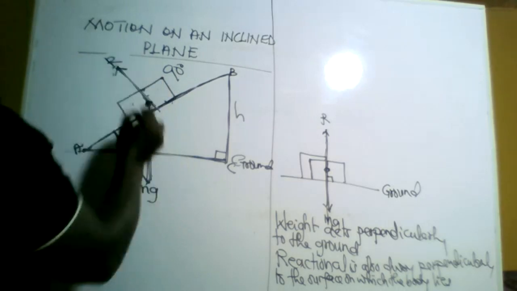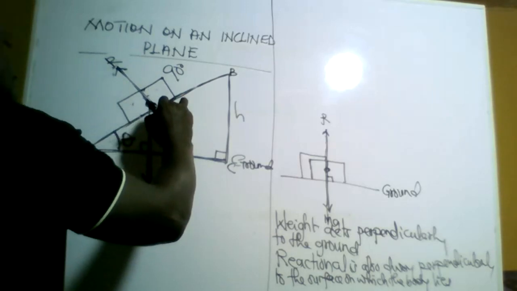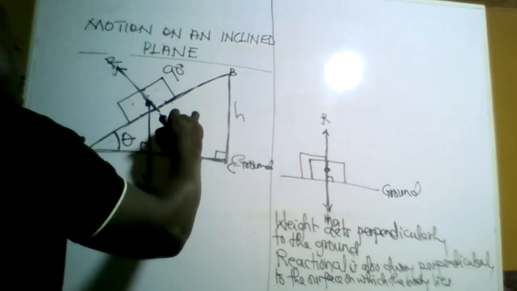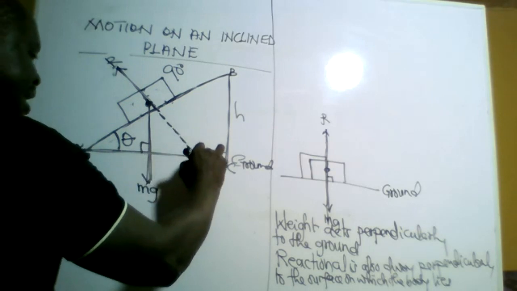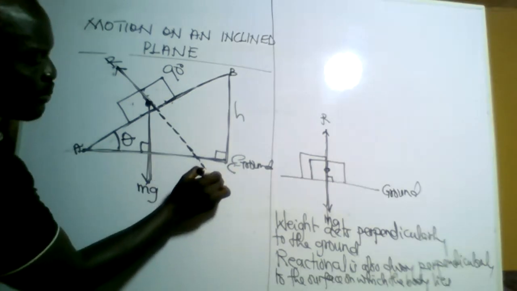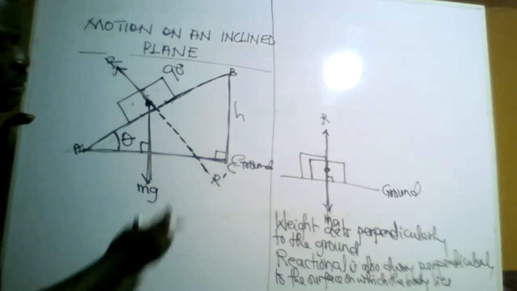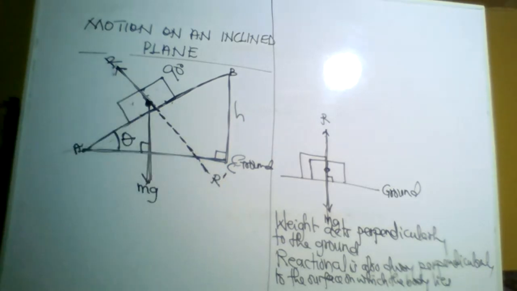Now let's extend the reactional line at the opposite end. When we extend this line of the reaction, let's call this R prime to distinguish it from the reaction.